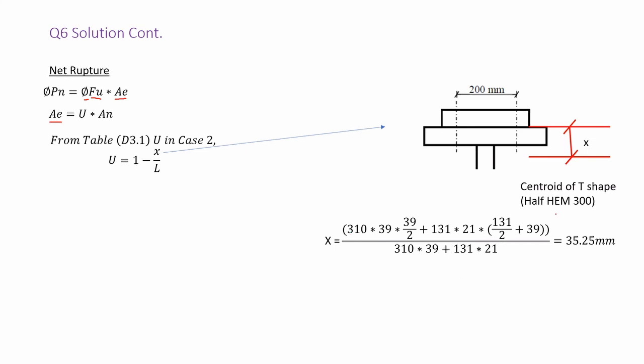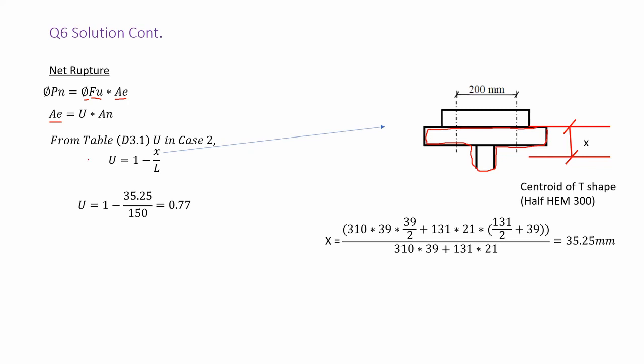Now we have to find the centroid, x bar. If you calculate only this side, without considering the gusset plates, and cut the HEM member into 2 pieces and calculate the centroid, you will obtain 35.25 millimeters.